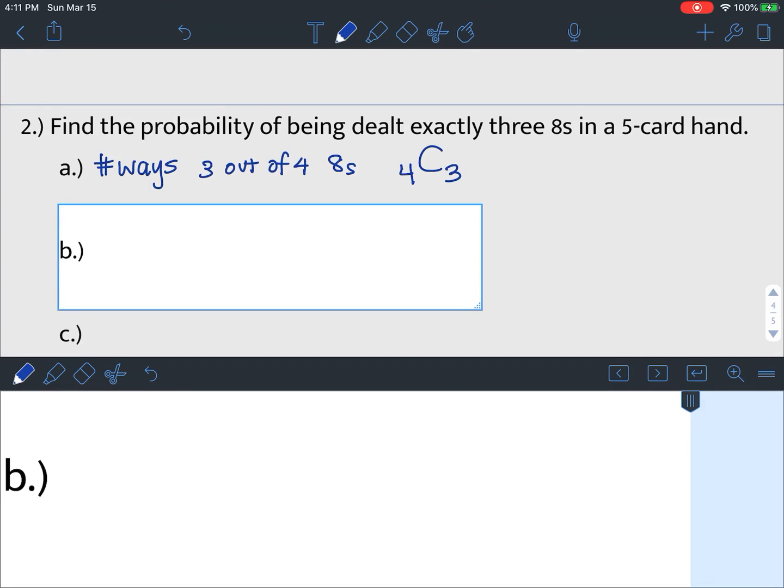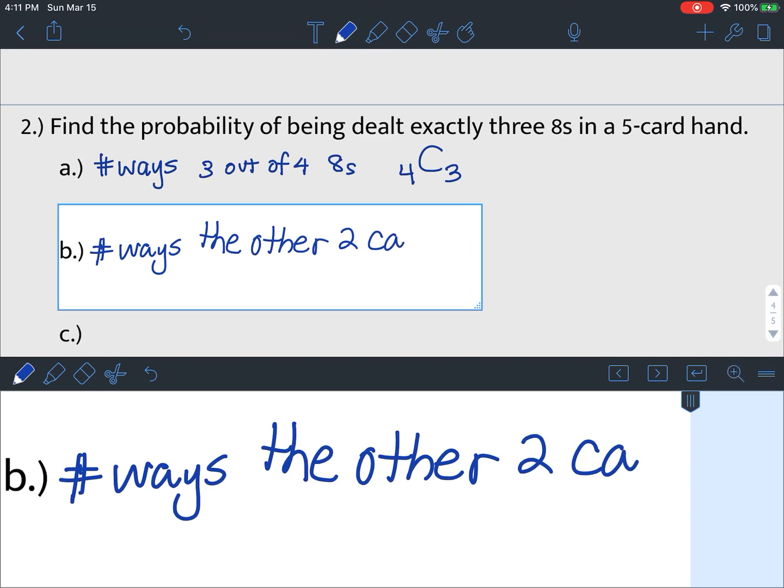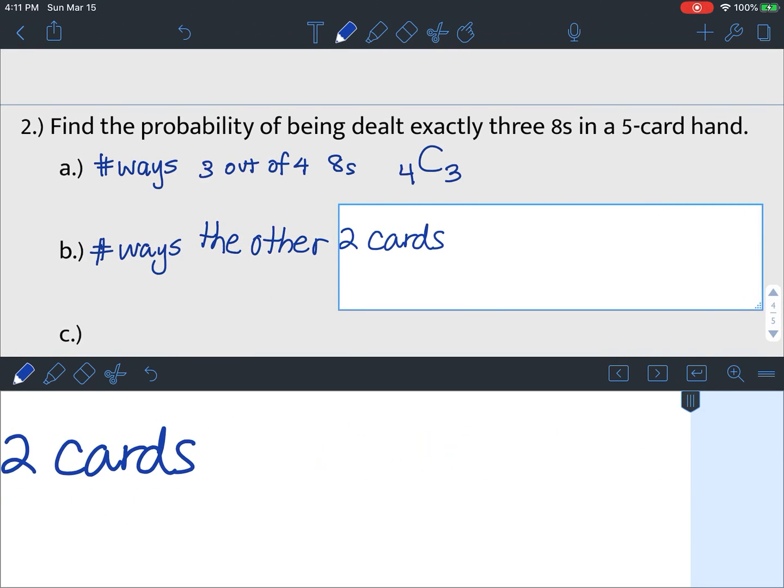Okay, let's come down to part B. Now we're going to find the number of ways you can get the other 2 cards.